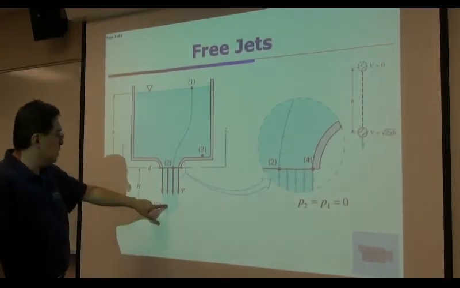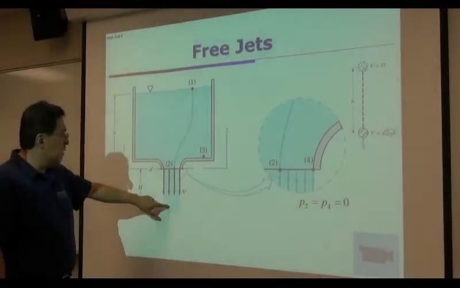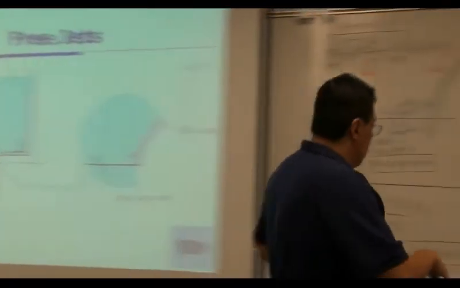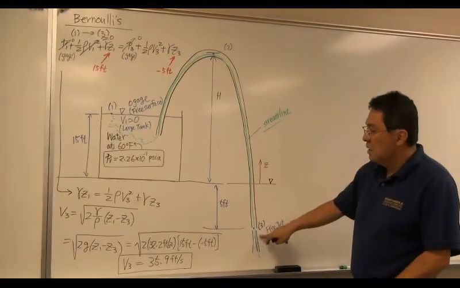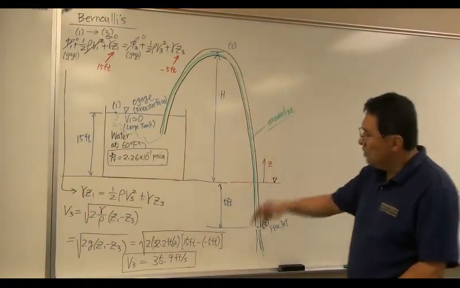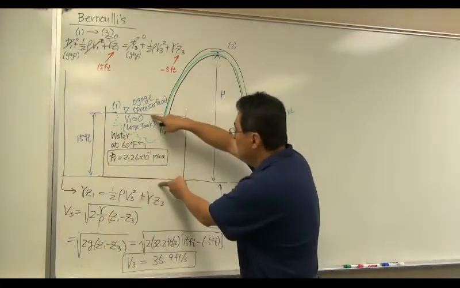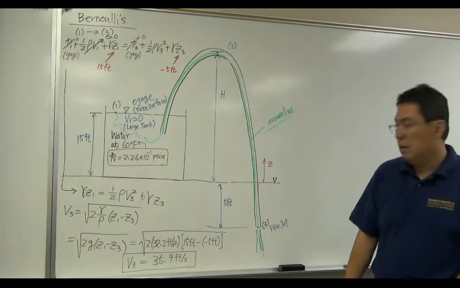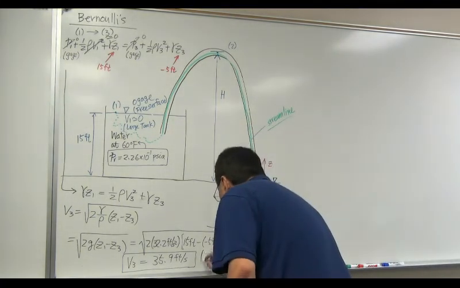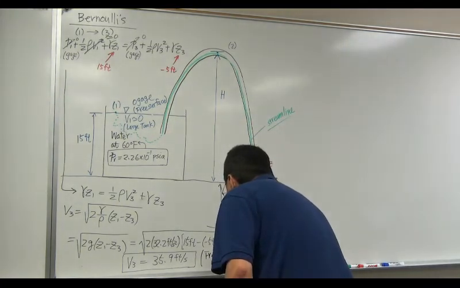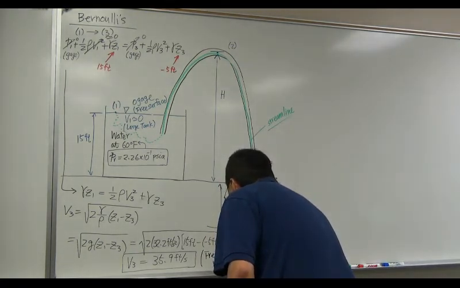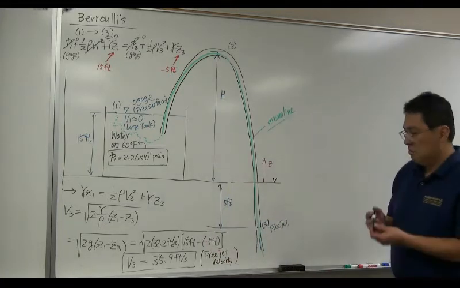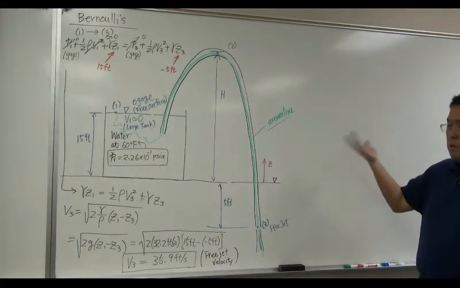It's going to be the velocity right here, V5, which is larger than V2. Exactly. So that's what this velocity here is. Velocity here is the square root of 2g times this depth plus that depth, 20 feet, and it is going to be this value. Okay? So again, this is a free jet velocity. Yep, something we know already.